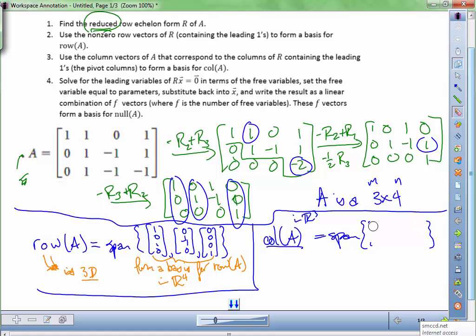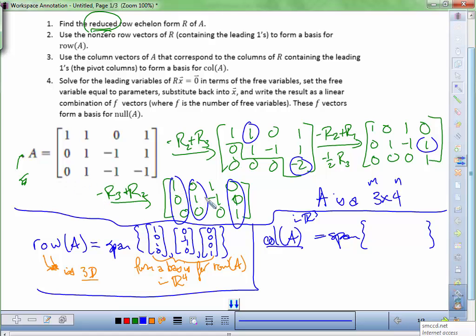All right, so what happened? You have to choose vectors 1, 2, 3 from A. So from the original A. So these are the vectors that have the leading ones. And so those very same columns in the original matrix. We still identify with the row reduced one.